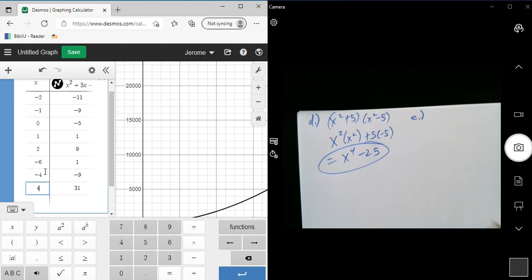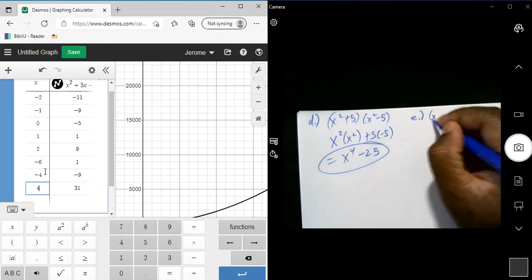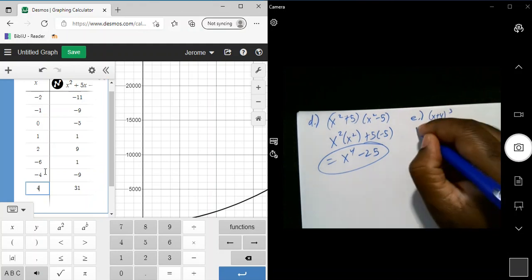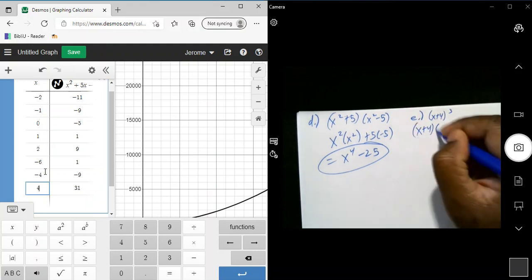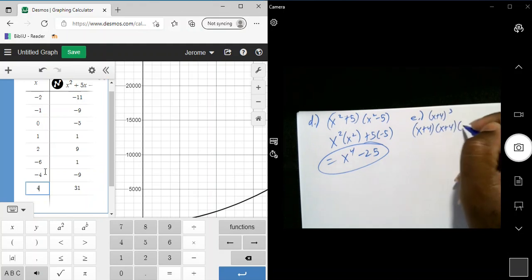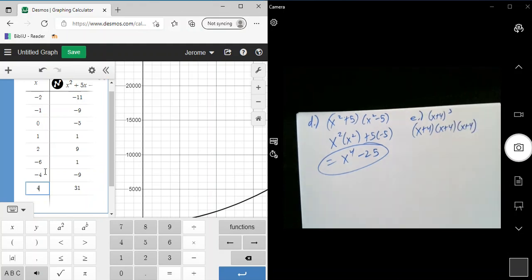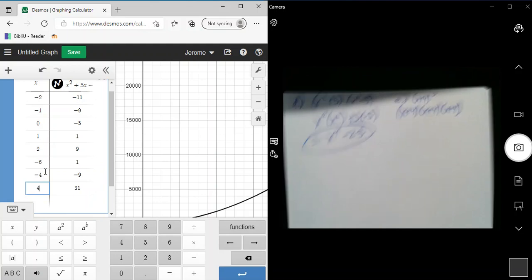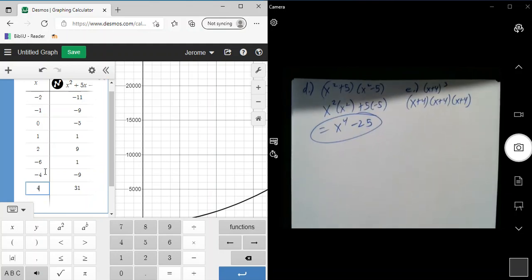Now, E, we have a triple here. We have (x + 4) to the 3rd power. So this is the same as (x + 4) times (x + 4) times (x + 4). Now, let me ask you all a quick question before I multiply. What is the most amount of values that you can multiply together at one time? Anybody?